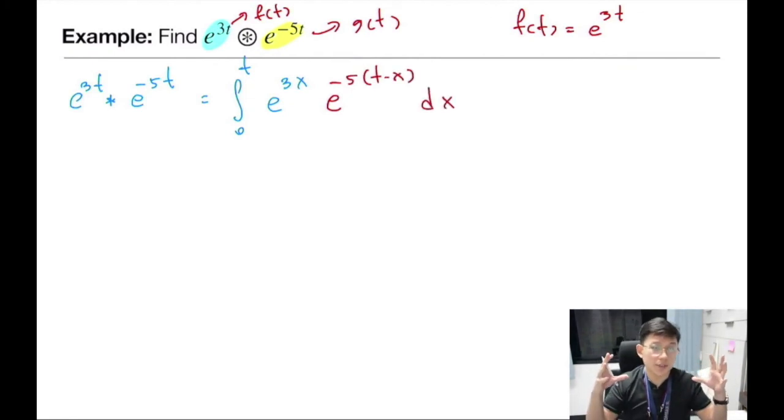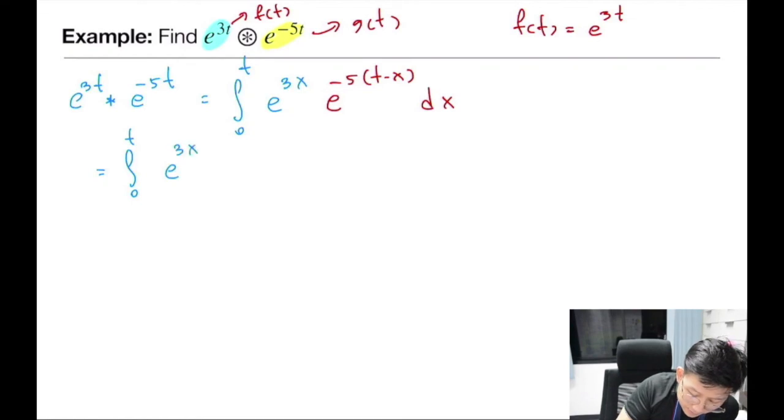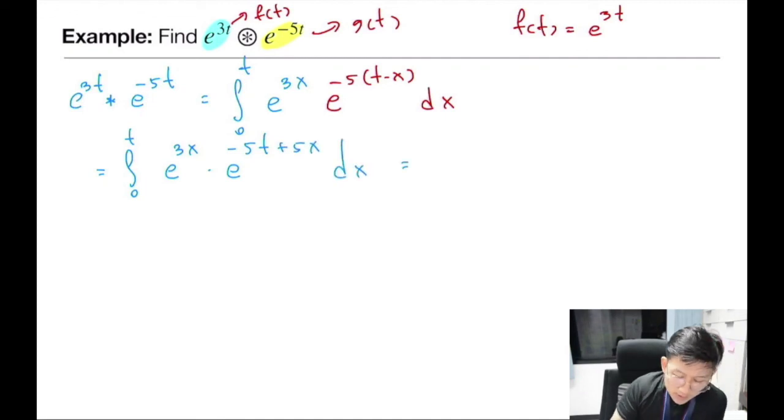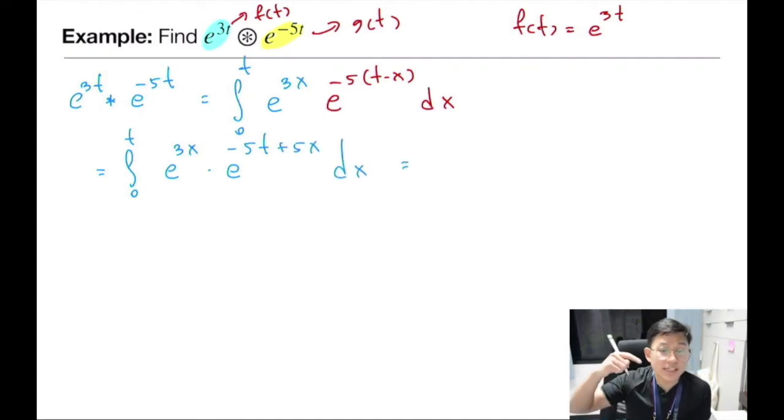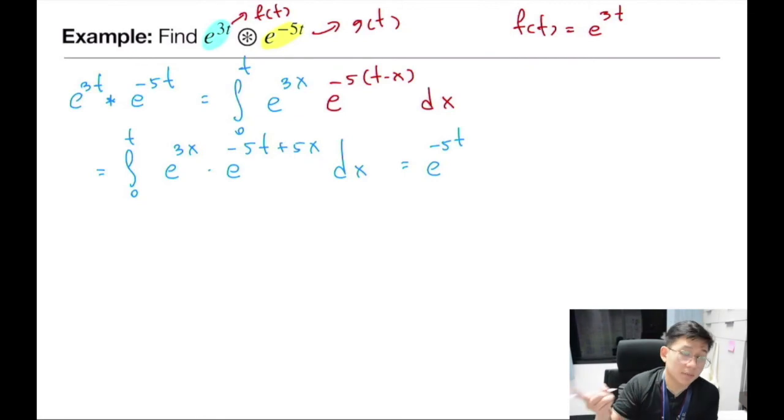Okay, that would be the convolution of e to the 3t and e to the minus 5t. That is the integral from 0 to t of e to the 3x times e to the minus 5t plus 5x dx. We integrate with respect to x, so we treat t as a constant and I can pull e to the minus 5t out.